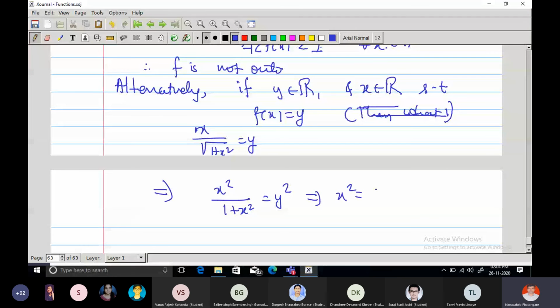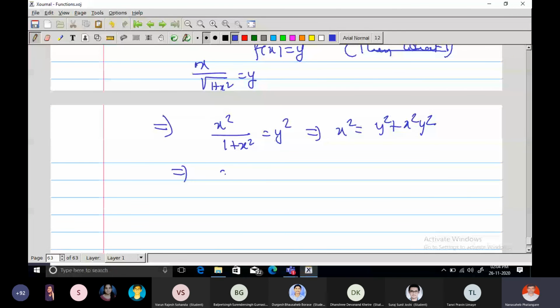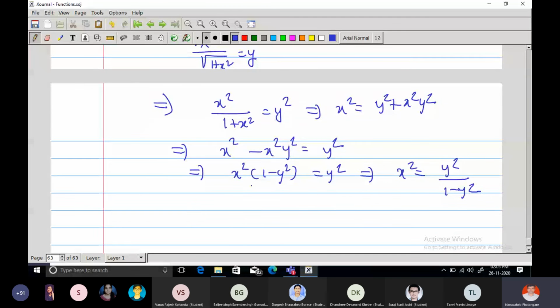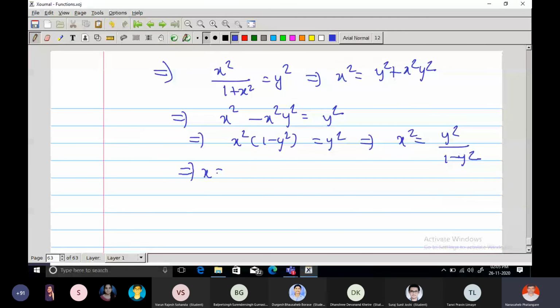That means x square minus x square y square is equal to y square, means x square into 1 minus y square is equal to y square. That means x square is equal to y square upon 1 minus y square. Correct? And therefore what is x? x has two possible choices, plus or minus y upon square root of 1 minus y square.